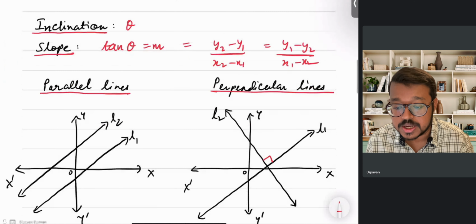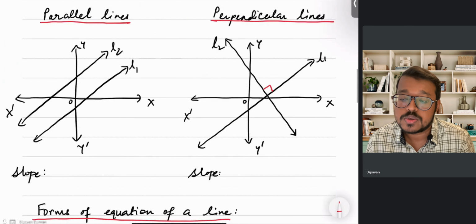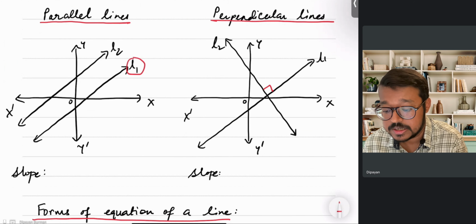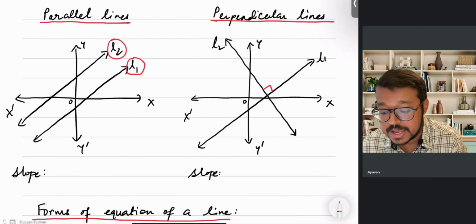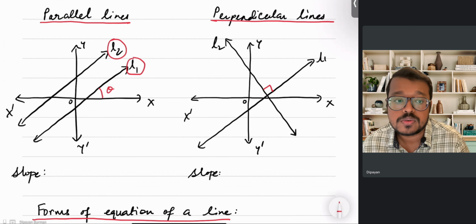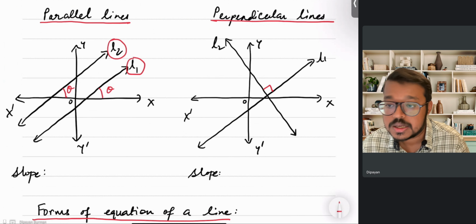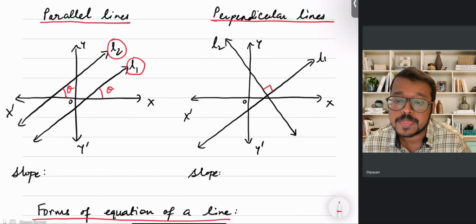Now we can look at a pair of lines, either a pair of parallel lines or a pair of perpendicular lines. In case of parallel lines, let's say L1 and L2 are parallel to each other, and if L1 makes an angle theta with the x-axis, according to our geometry properties, the corresponding angle property, even L2 will make angle theta with the x-axis.